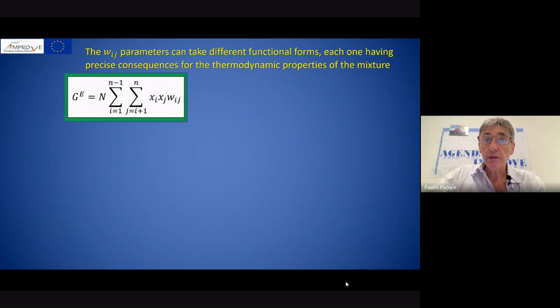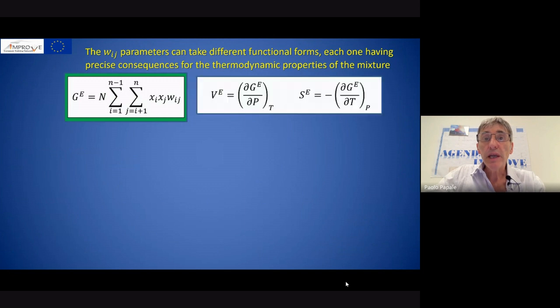That should be clear to us by recalling the relationships between Gibbs energy, volume, and entropy, and in particular, their excess parts that describe the results of the attractive and repulsive forces acting between the components in the mixture.